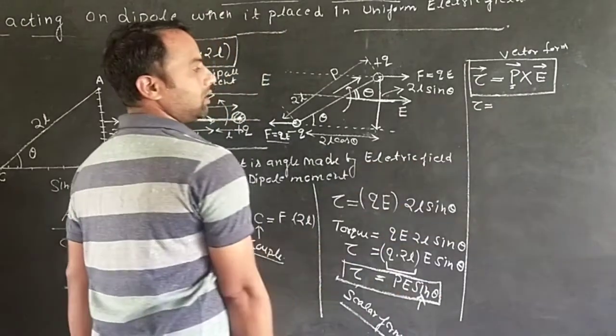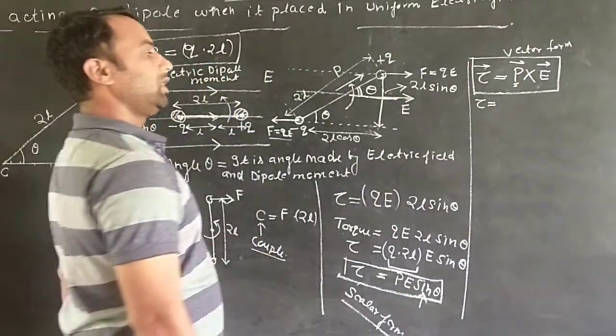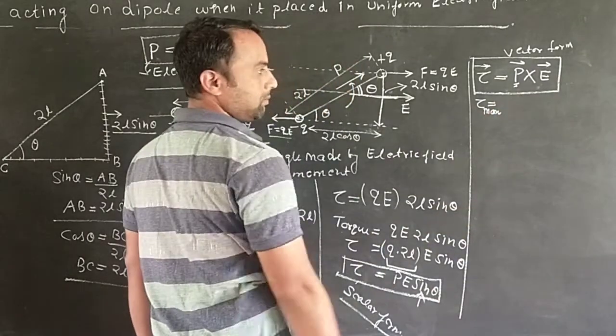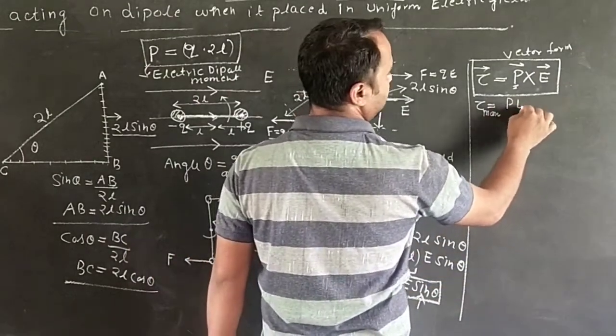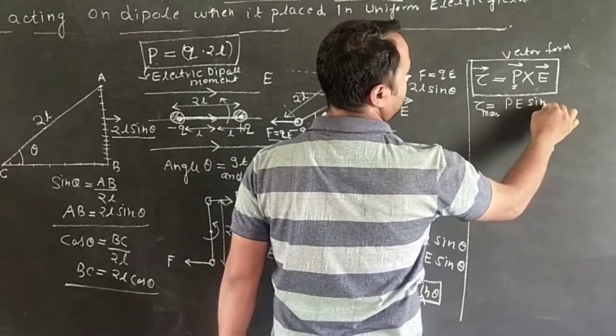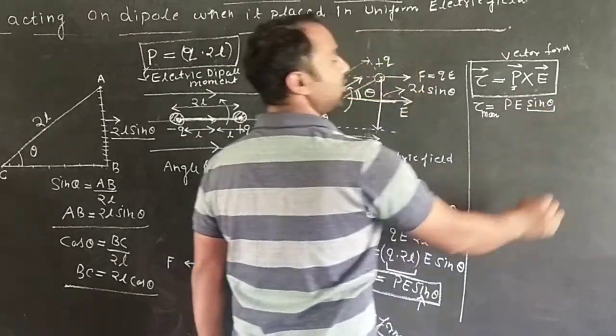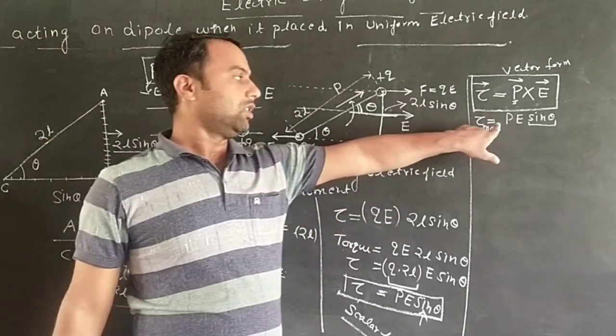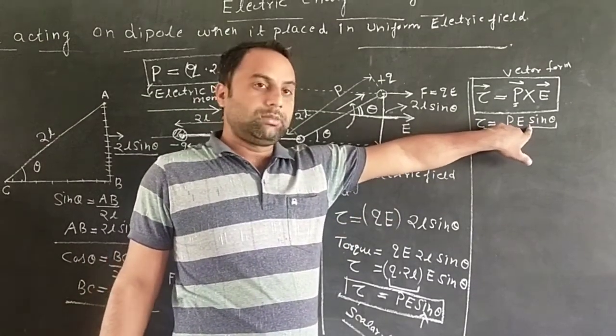If the torque is maximum, then in PE sin theta, sin theta should be maximum, because P and E are physical quantities that cannot be controlled by us. Here sin theta can be controlled.